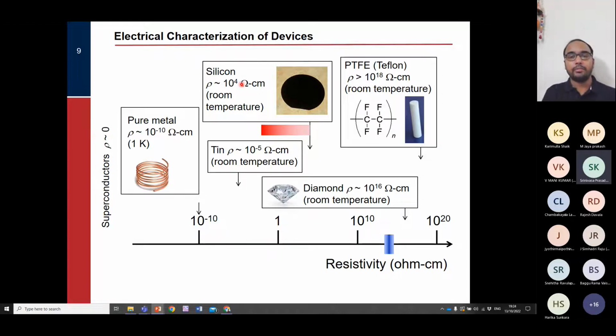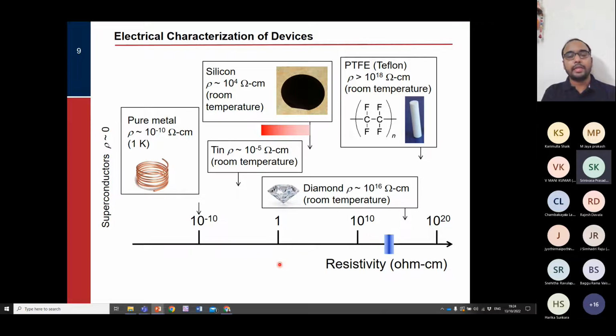And if we look at some of the insulating materials, for example Teflon, then that has a resistivity of 10 to the power 18 ohm centimeter. And diamond is also of a similar order of magnitude, which is 10 to the power 16 ohm centimeter. Now, if I look at the spectrum from left to right, there is a change of about 10 to the power 30 in order of magnitude from one end to the other.